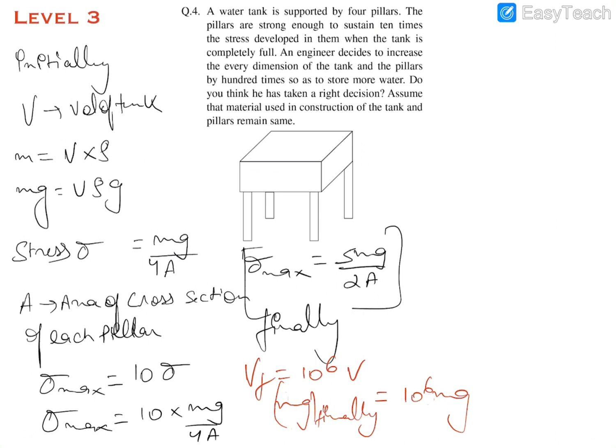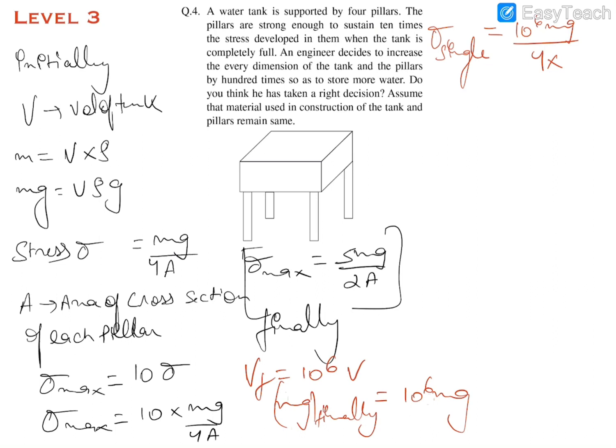And similarly, he has also increased the area of cross section and the length of the pillars, because each dimension of the pillar is also increased by 100 times. Now if we distribute this force equally among all 4 pillars, then sigma of a single pillar will be 10 to the power 6 mg by 4 into area.